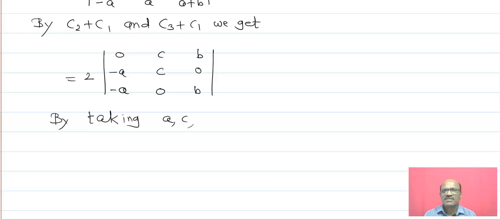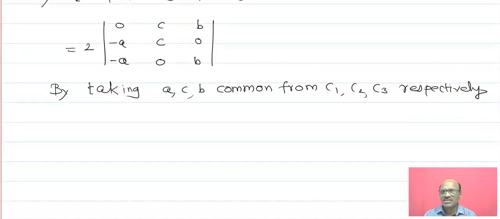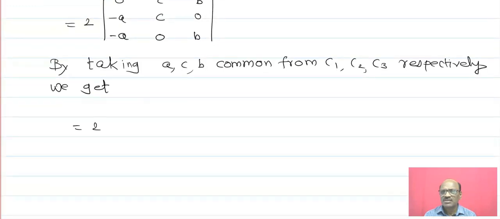Therefore, next is, by taking ABC common from first column, second column, third column respectively. That is, from C1 A is common, from C2 C is common, and from C3 B is common.